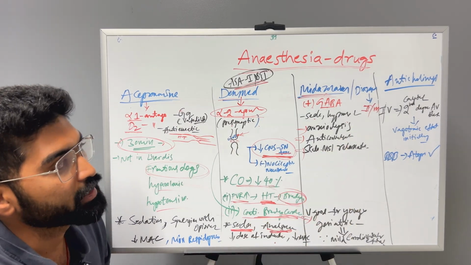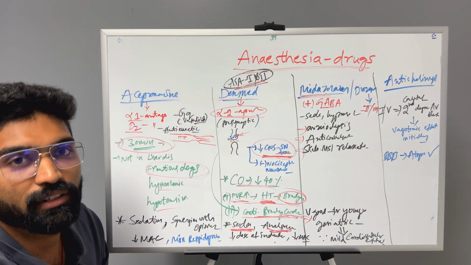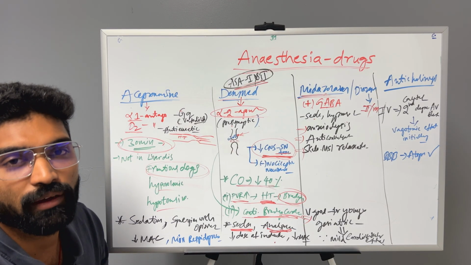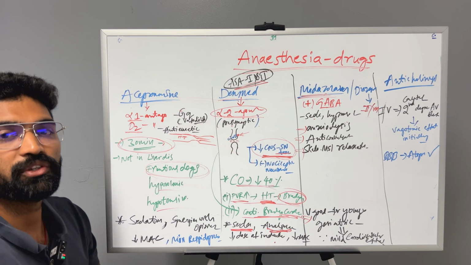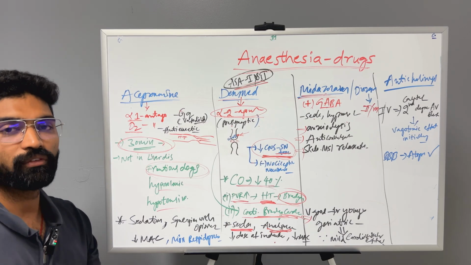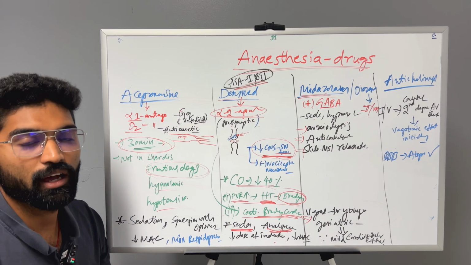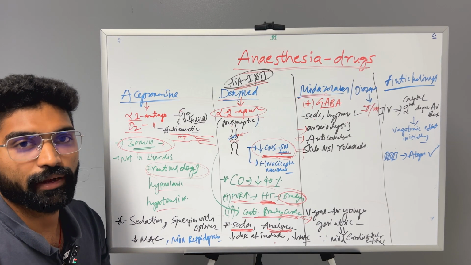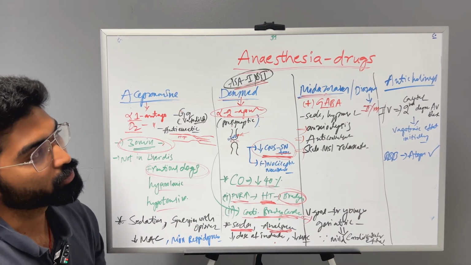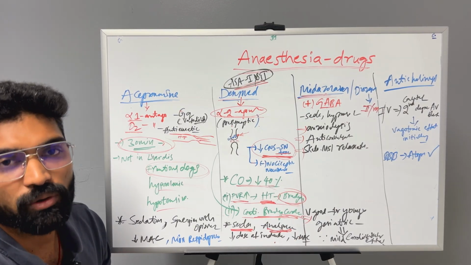So coming to the anticholinergics, I mentioned that atropine and glycopyrrolate are needed whenever you are giving vagotonic drugs such as propofol, opioids, and acepromazine. Okay, in those conditions you will be using the anticholinergic drugs.